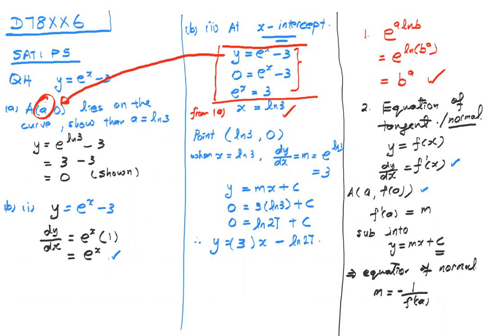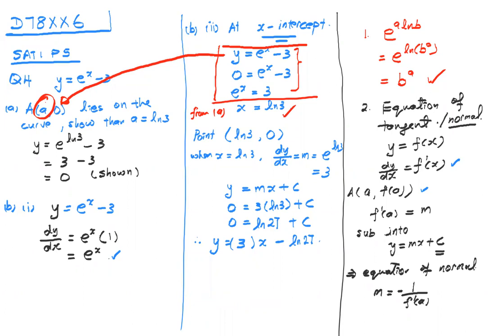Okay, find the area bounded by the tangent and the axes. So if you look at the equation of the tangent, the gradient is positive, correct? And the y-intercept is negative, am I right? This is the y-intercept.